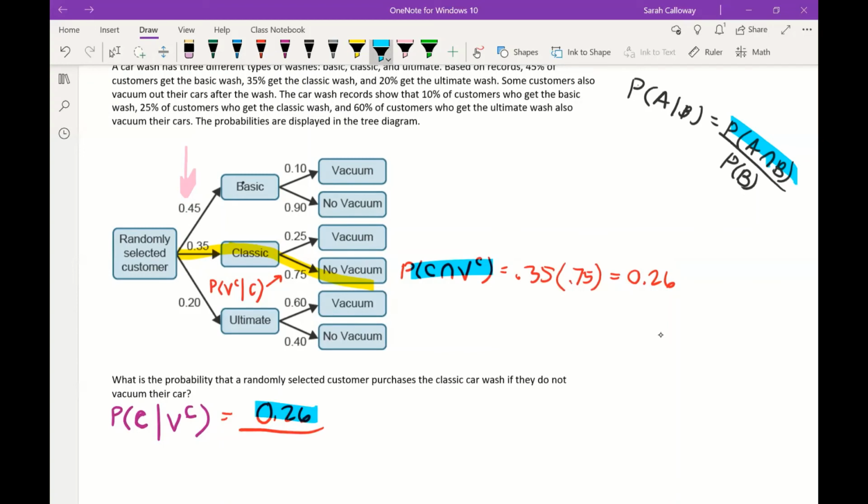We are going to have to do a little bit more in order to find the value for the probability of B. So the probability of B is going to end up being the sum of all of the different places where they cannot vacuum.